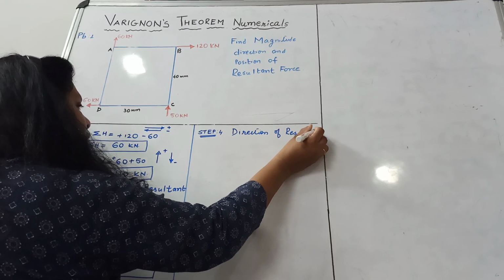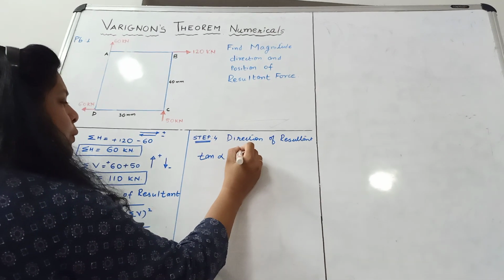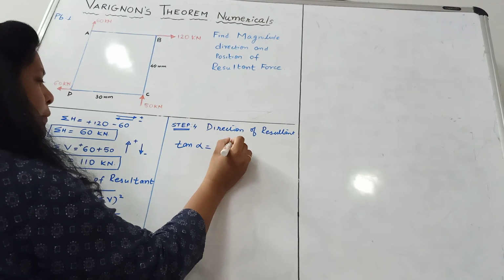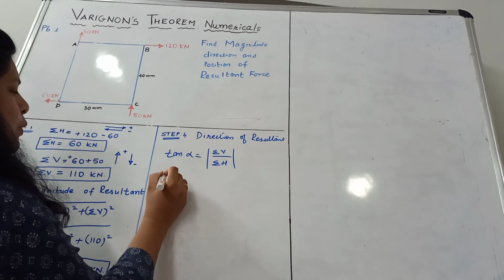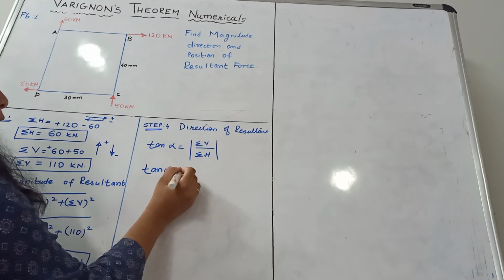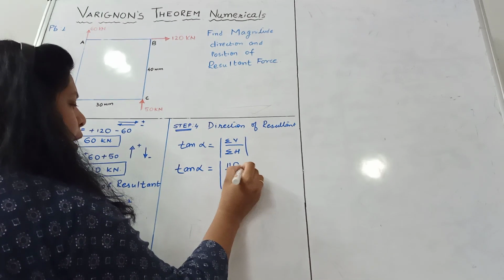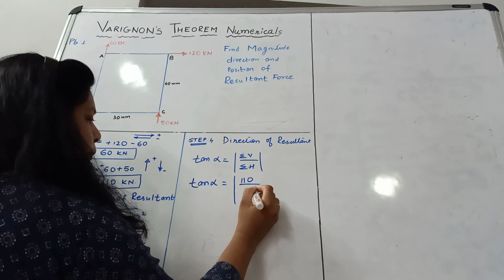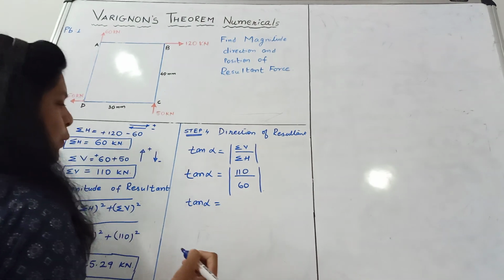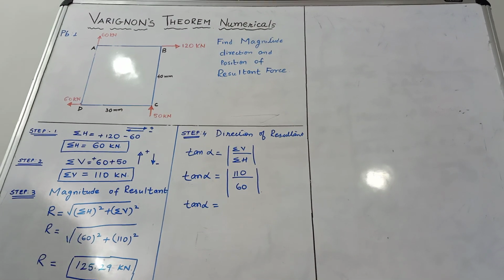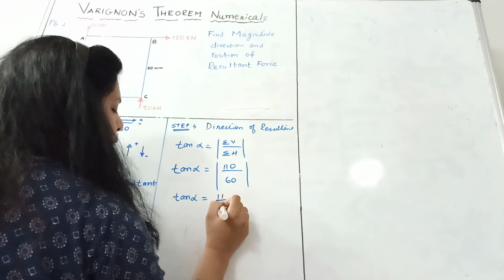Tan alpha is equal to mod of sigma V upon sigma H. So tan alpha is equal to 110 upon 60, both are positive, so tan alpha is equal to 11 upon 6.